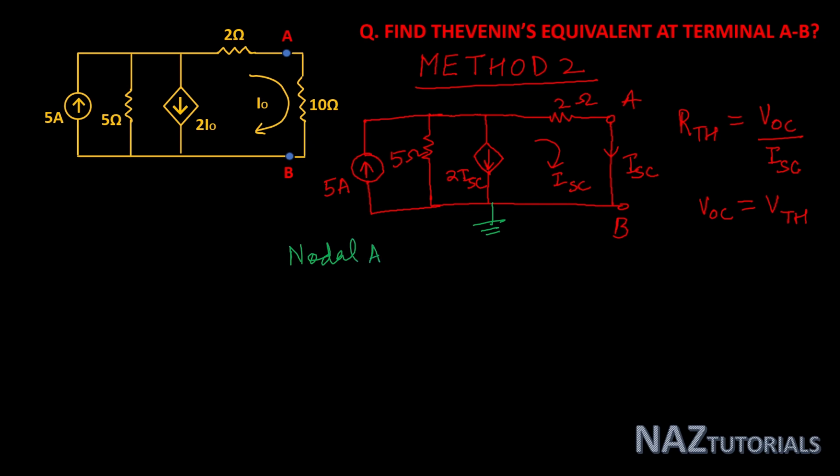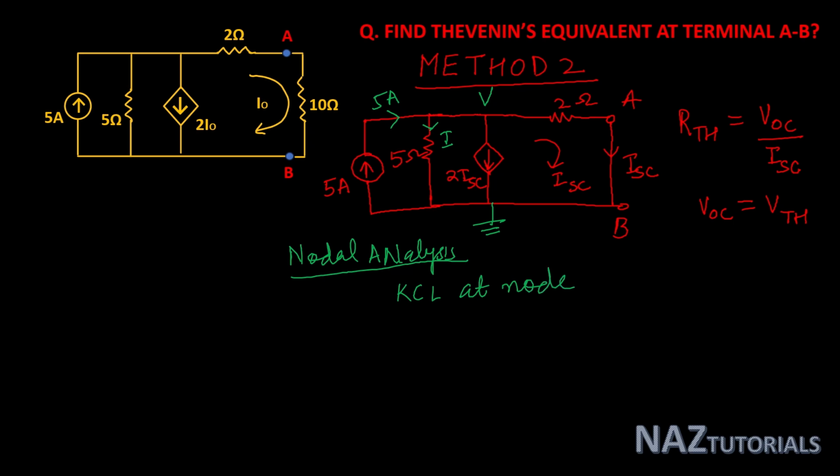So here we use nodal analysis for calculation of ISC, and this is our node voltage V, and this current is 5 ampere, and here you can assume this current I and apply KCL at the node. So the KCL at the node, there is only a single node.